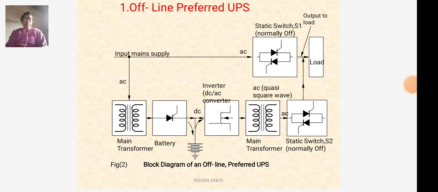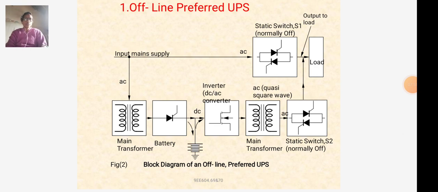The backup time depends on the capacity or rating of the battery and its charge prior to the power failure. When the main power is restored, it is necessary that reswitching be performed from S2 to S1.